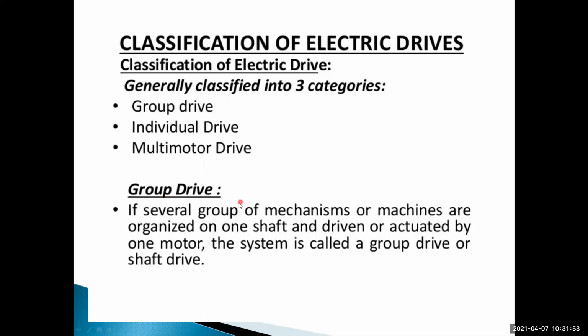In a group drive, several groups of mechanisms or machines are organized on one shaft and driven or actuated by one motor. That's why it is called a group drive. Several machines are connected on the same shaft, and one shaft can control different types of machines.